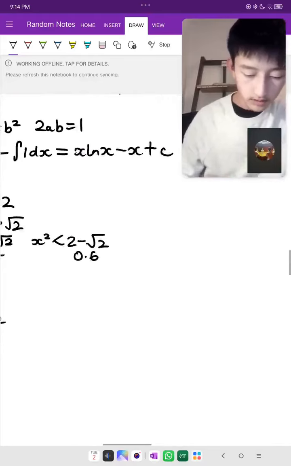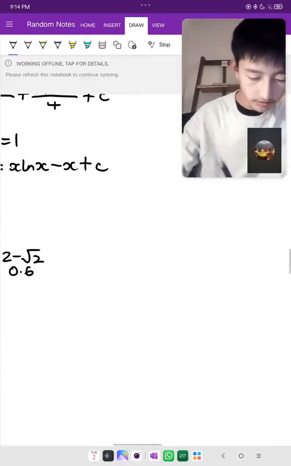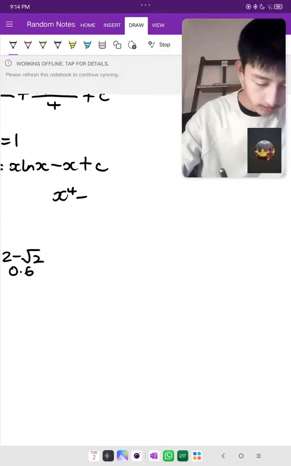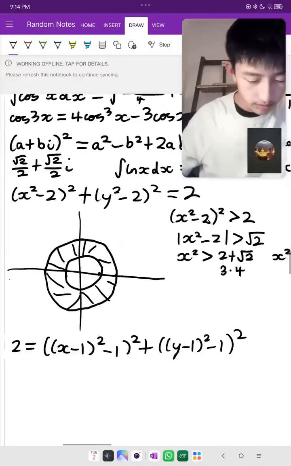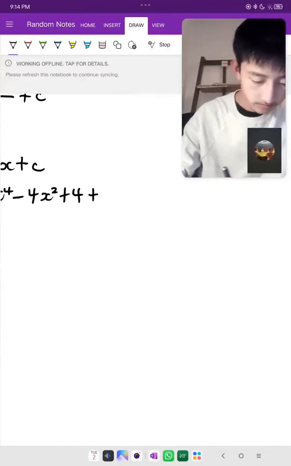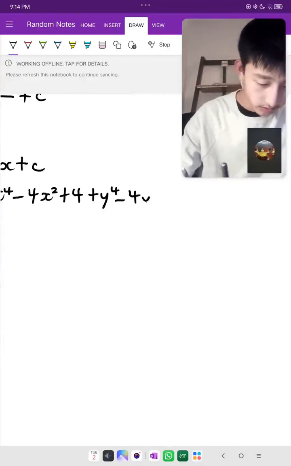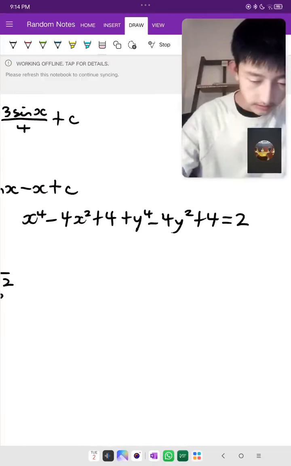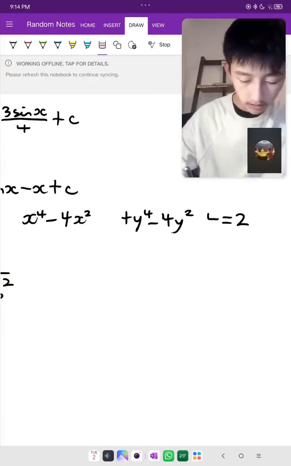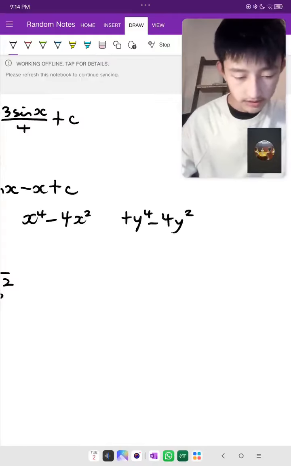Yeah. So we have x to the 4 minus 4x squared plus 4. Yep. Then same thing for y, plus y to the 4 minus 4y squared plus 4 is equal to 2. Let's get rid of these plus 4s and we get equal to minus 6.